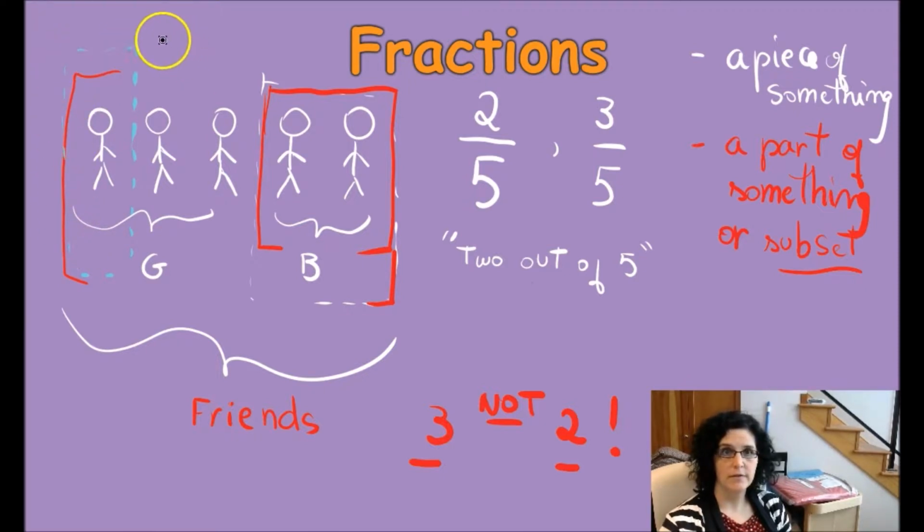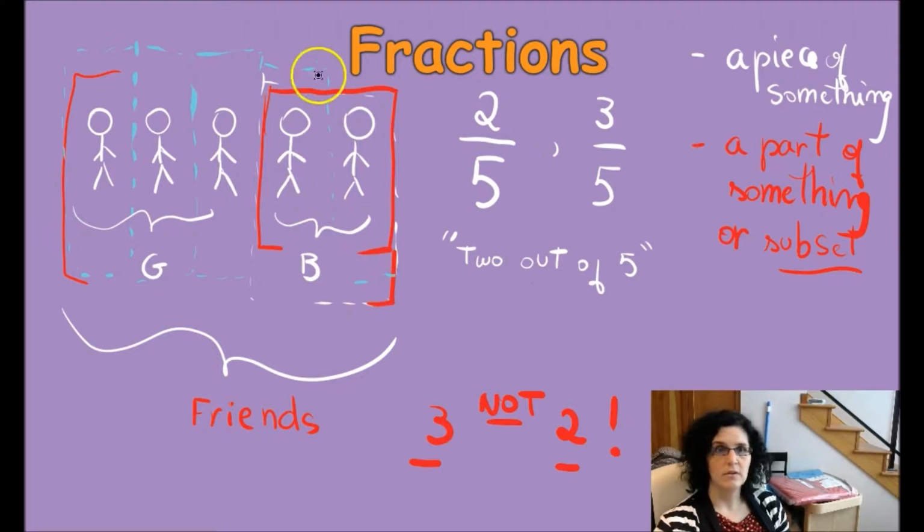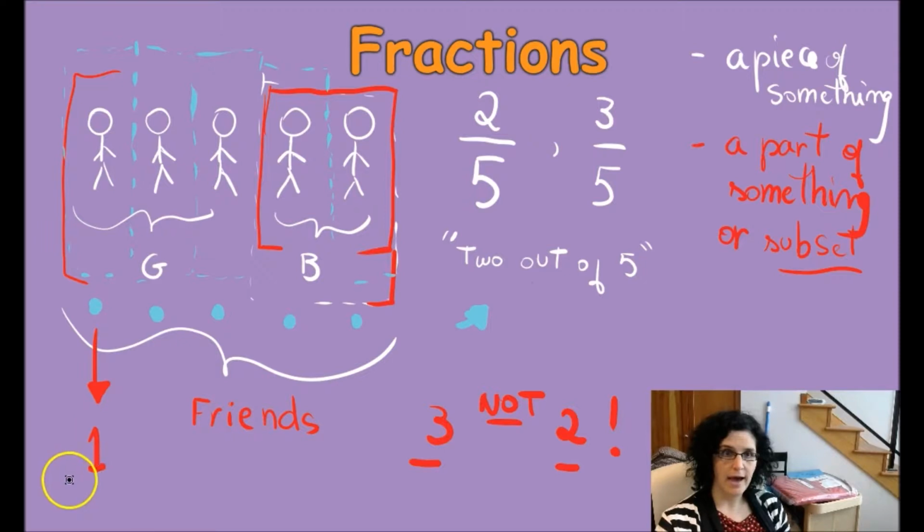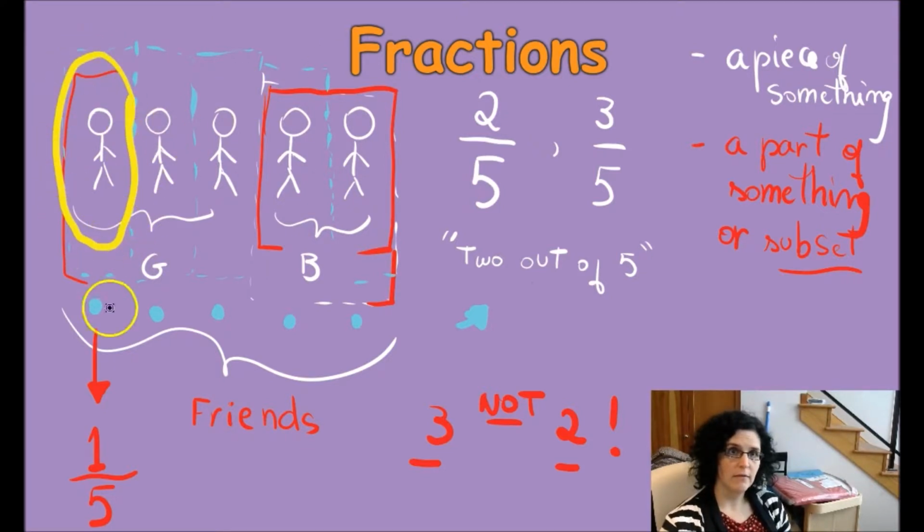So each one is an equal part, and that works really well as a fraction. I have 5 equal parts of friends, and this is how you represent them: 2 out of 5 or 3 out of 5. If I just look at one of my friends, it would be 1 out of 5. That's the fraction that this one friend represents.